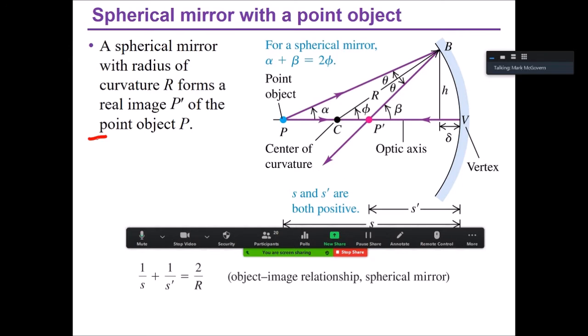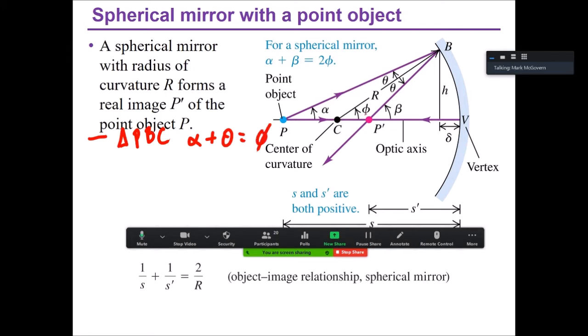So look at the triangle PBC. Alpha is the angle that the ray makes with the optical axis. Theta is our angle of reflection, and that's going to equal phi right here.